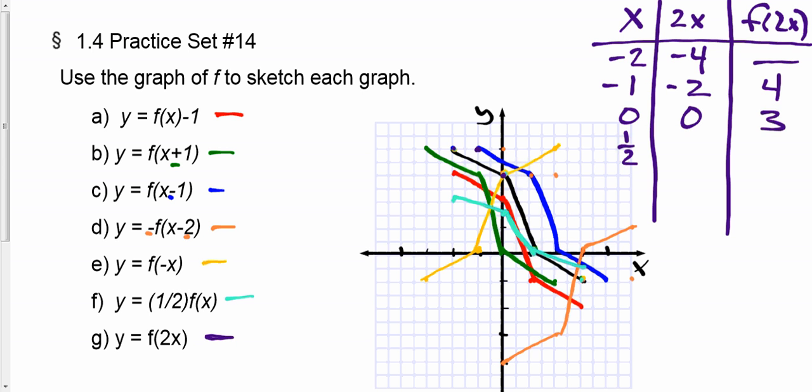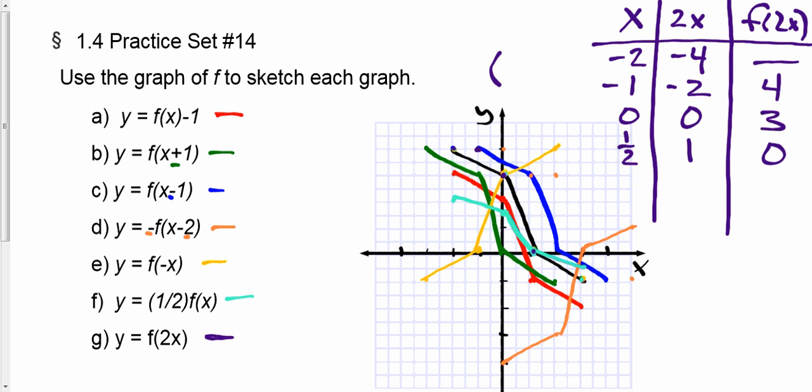Why? Because I know that I got a value for f when x equals 1. So when x equals 1/2, 2x equals 1. And I know f of 1 is 0. So the next ordered pair is 1/2, comma, 0.